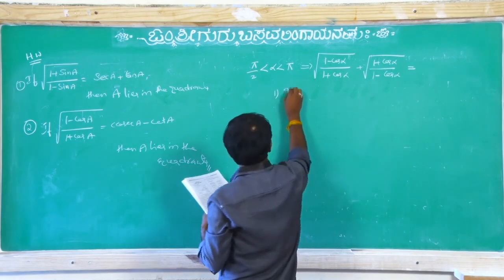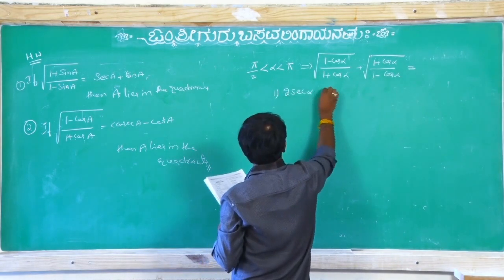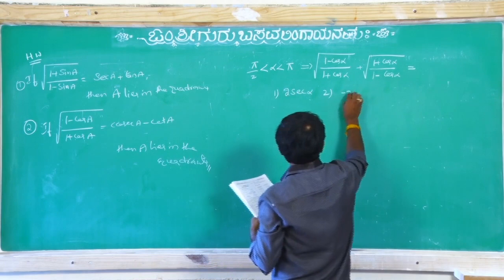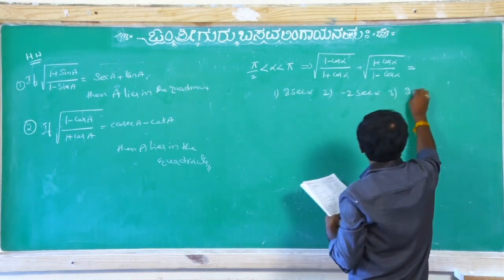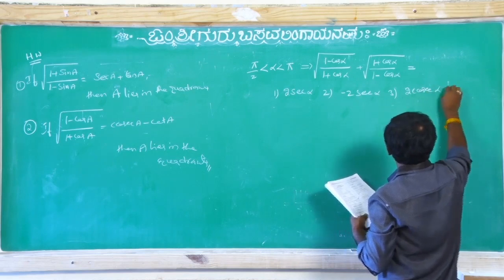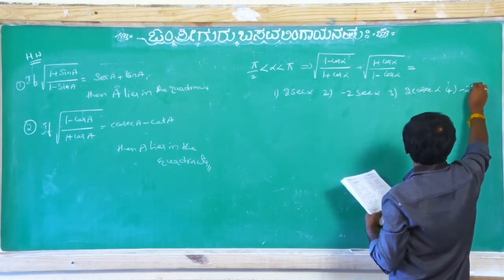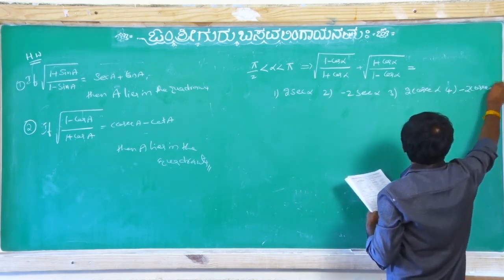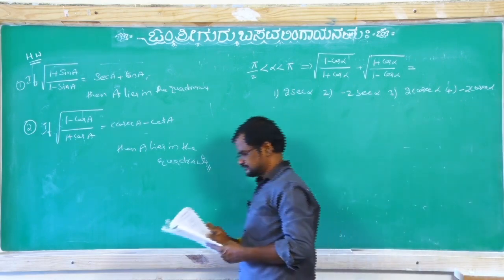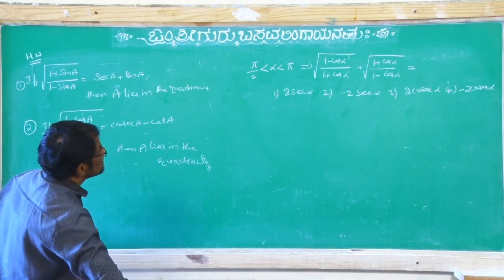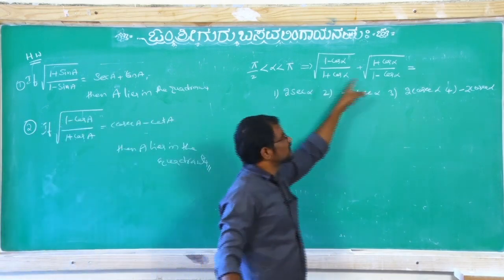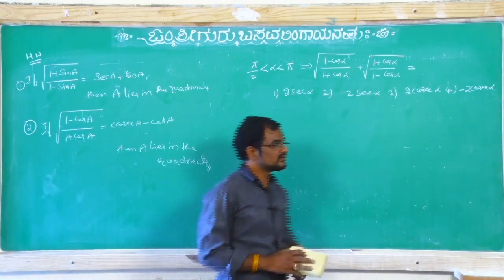First one, 2 secant alpha, minus 2 secant alpha, 2 cosecant alpha, and fourth one is minus 2 cosecant alpha. Do that. Same, but the sum of two previous problems like that they give it.